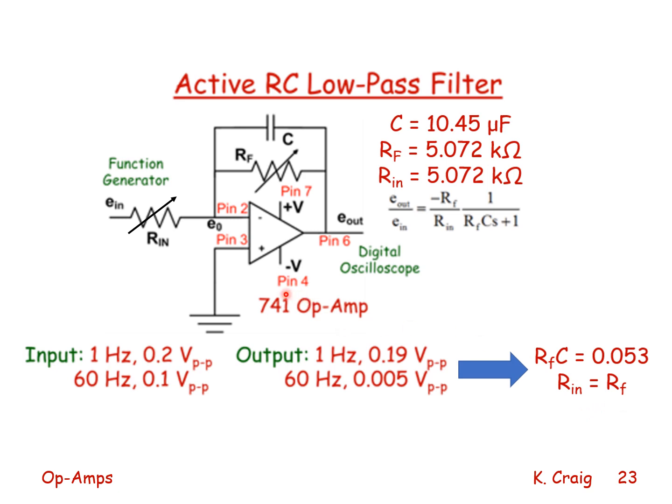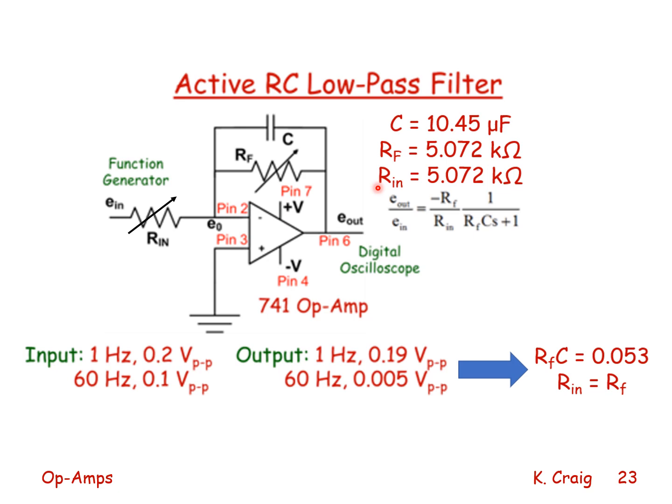My active low-pass filter, and it's active because of the op-amp, has a potentiometer for my input resistance, a potentiometer for my feedback resistance, and of course my capacitor. These are the values for C, RF, Rin.